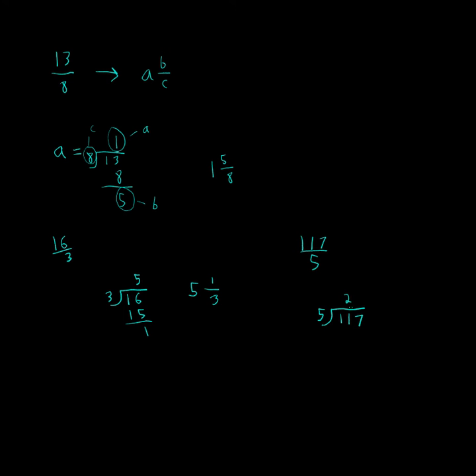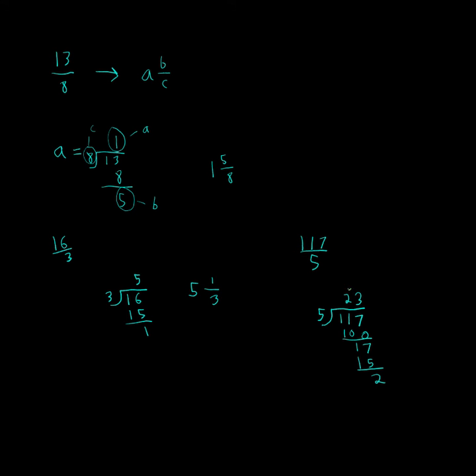Well, that would be 2. So it would give us 10. Subtracting those would give us 17. How many times does 5 go into 17? 3 times. So 15, 2. So here would be where we would hit our decimal place.